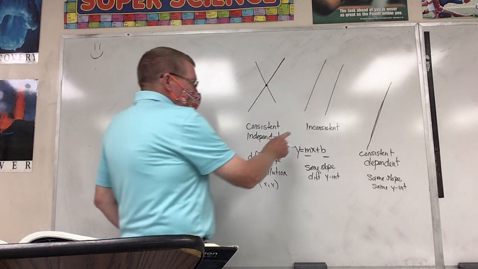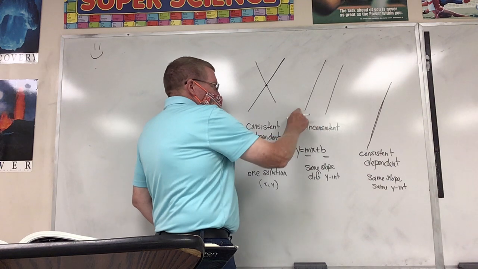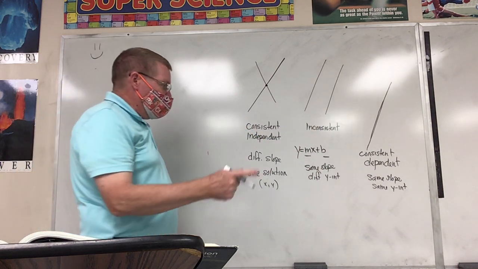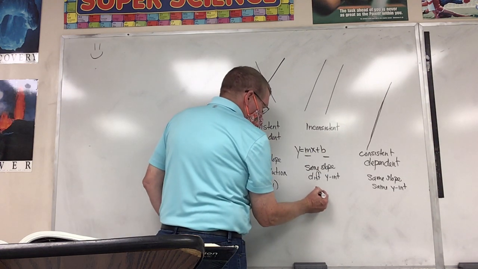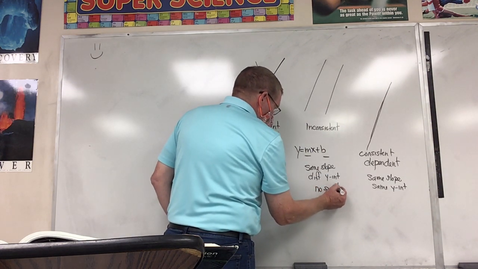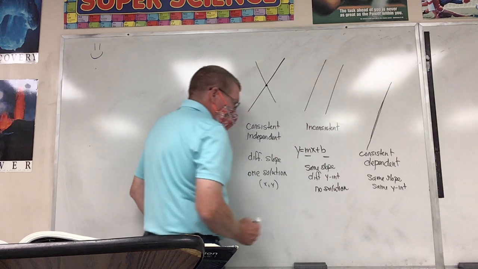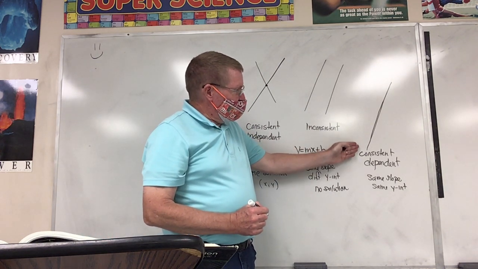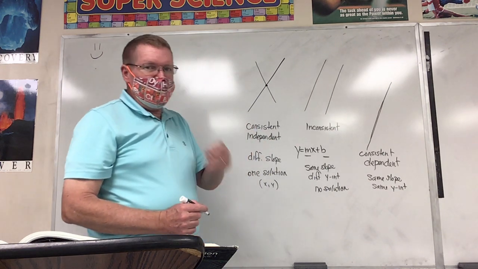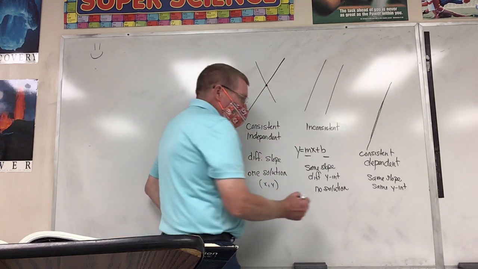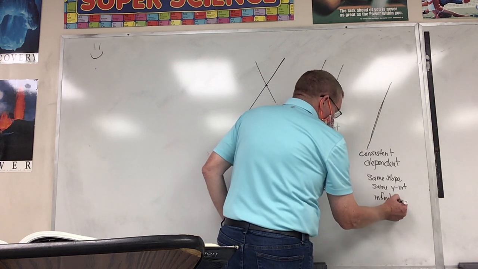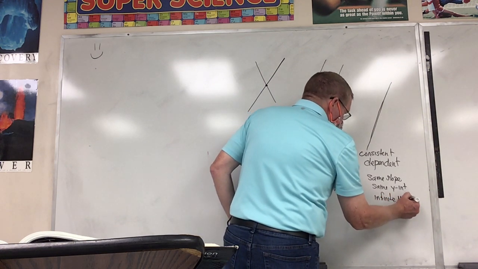If I look at my inconsistent system, they don't intersect at all. So there's no point in common, so there is no solution. If you look at my consistent dependent, you notice that it intersects everywhere on that line, so there's an infinite number of solutions.